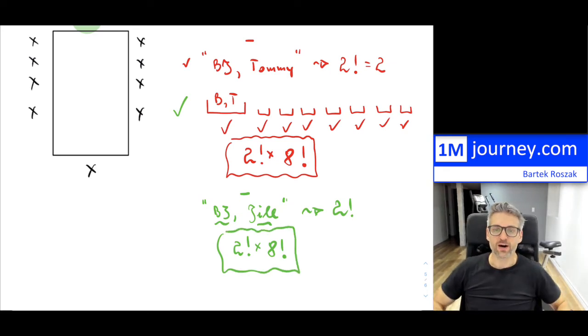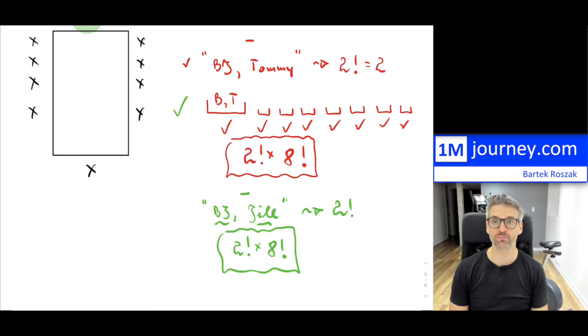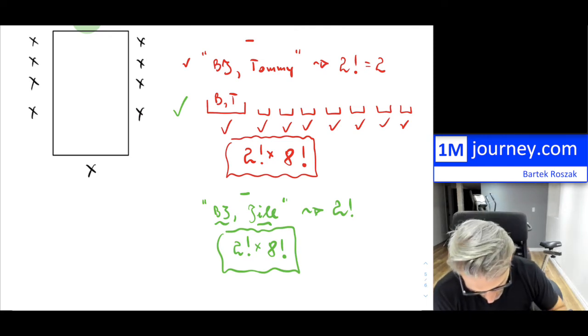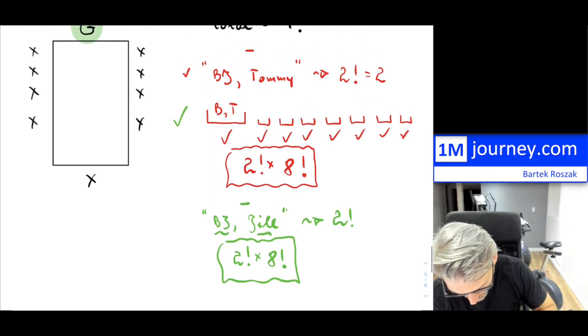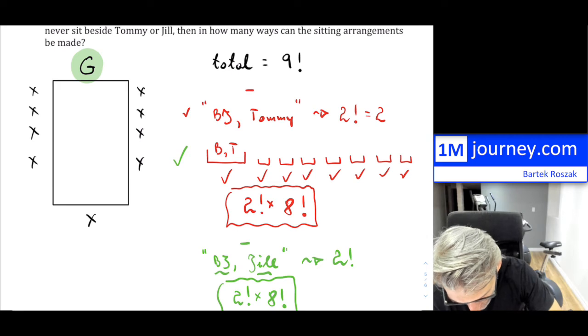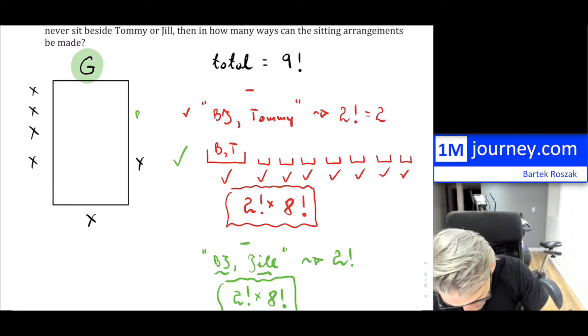But it now brings something into light. If you do this, you have the right approach, but you have actually counted something twice. Notice what could happen in this seating arrangement: let's say BJ was here, Tommy was here, and then Jill was here.